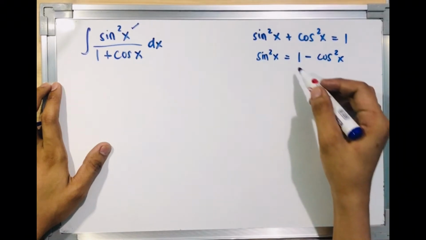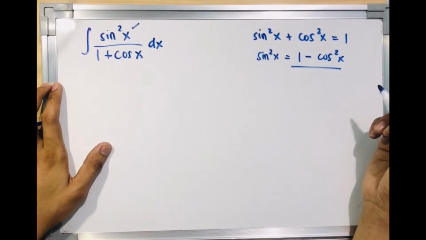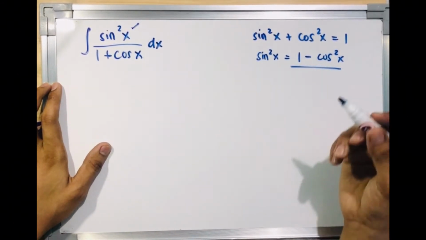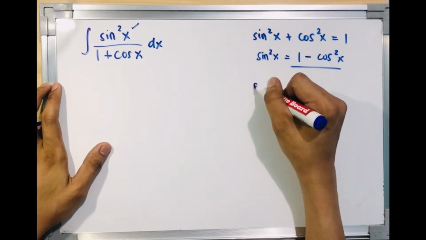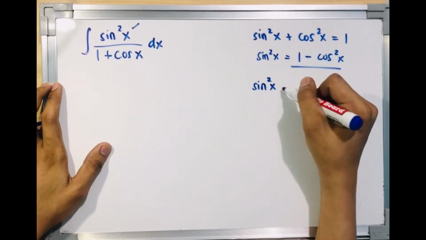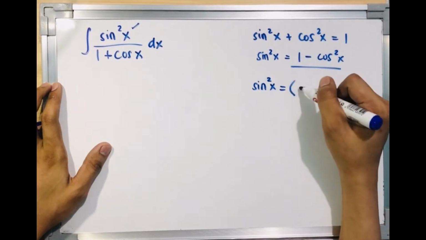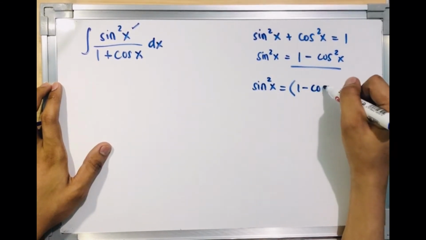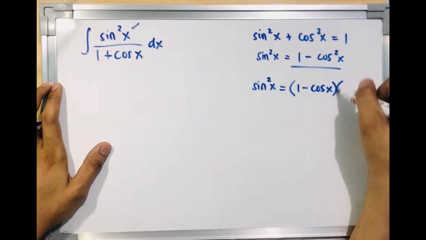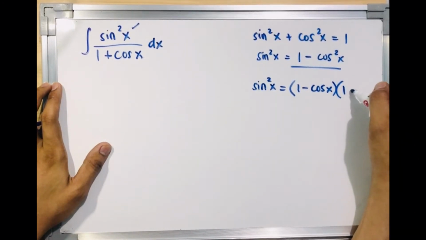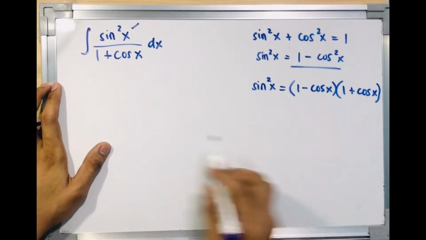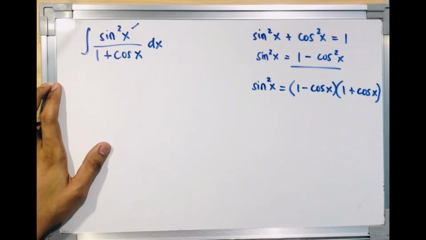At kung mapapansin nyo, ito is a perfect square. So, we can rewrite yung perfect square na to as, ano nga ba yung perfect square na yan? Eh di, mariresolve natin siya into 1 minus cosine of x, and then the other one is 1 plus cosine of x. At kung makikita nyo, makakancel out lang yung nasa ilalim na 1 plus cosine of x.